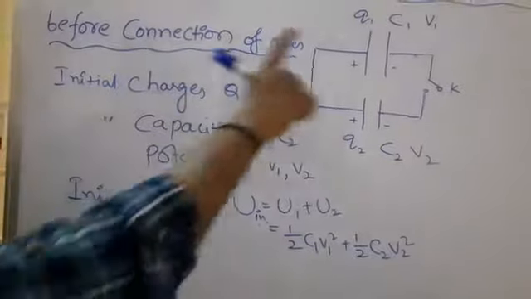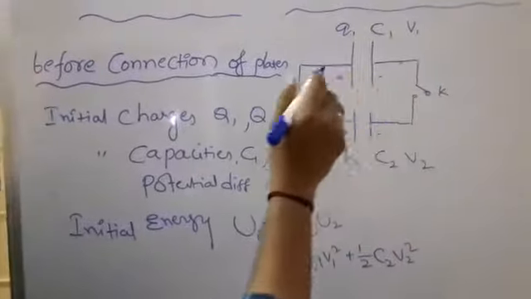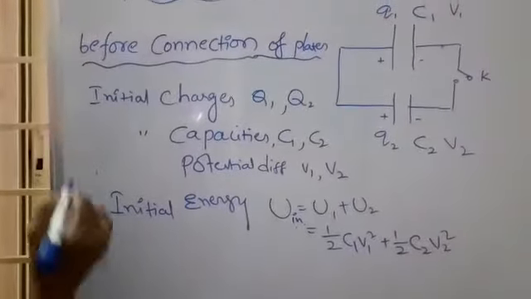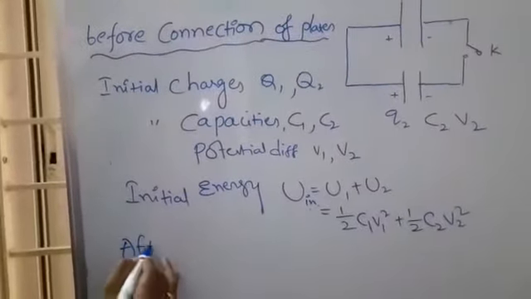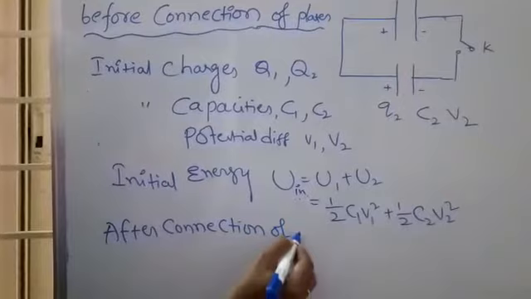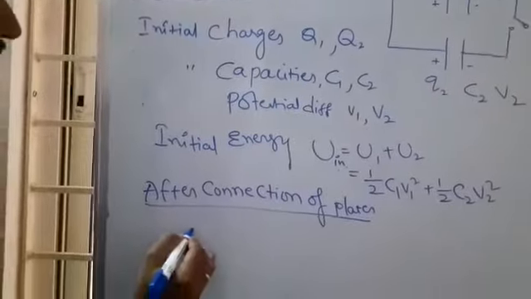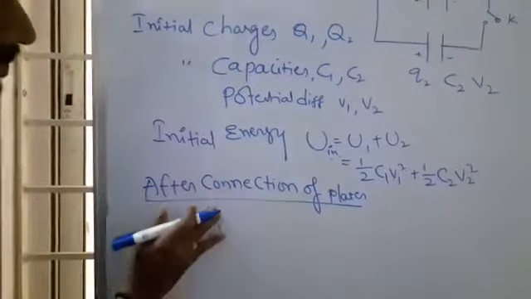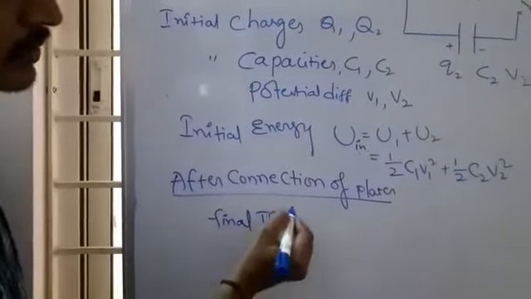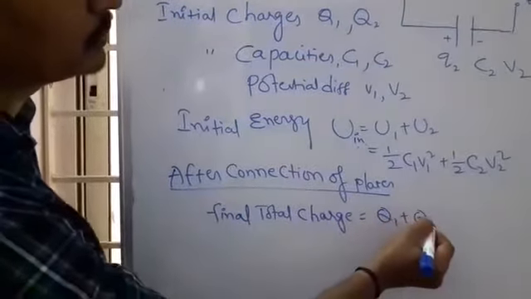Next, after connection, the charges are distributed from one plate to another plate till the potentials of these capacitor plates are balanced. So after connection of plates, the final total charge is equal to Q1 plus Q2, right?